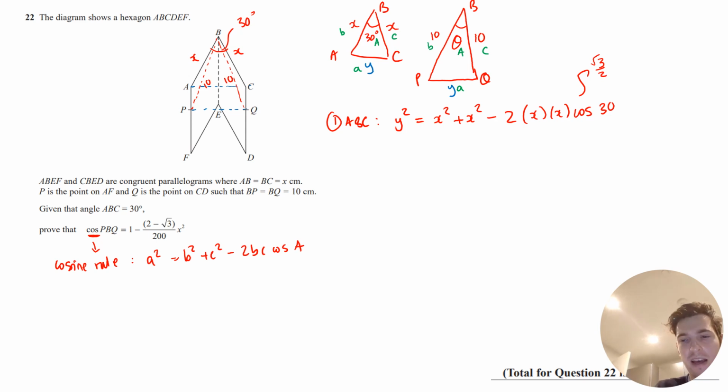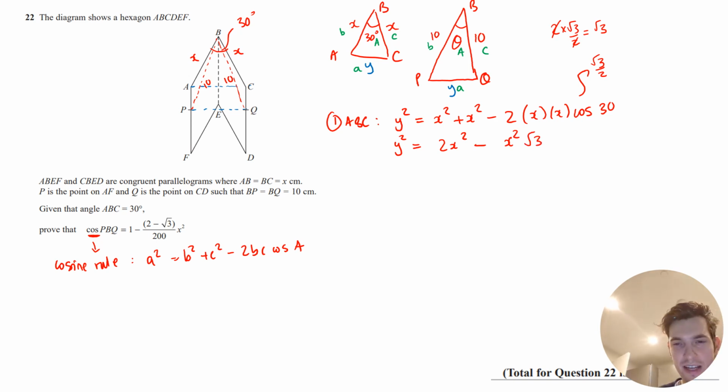That's one of the exact trig values I have to remember. So let's simplify this. I've got y squared equals 2x squared minus, now, 2 times x times x times root 3 over 2. Well, 2 times root 3 over 2 is just root 3 because the 2s cancel out. So I've got x squared root 3.